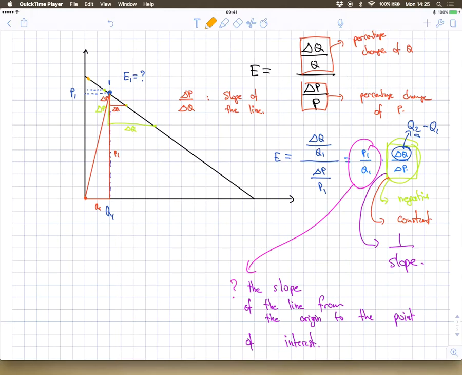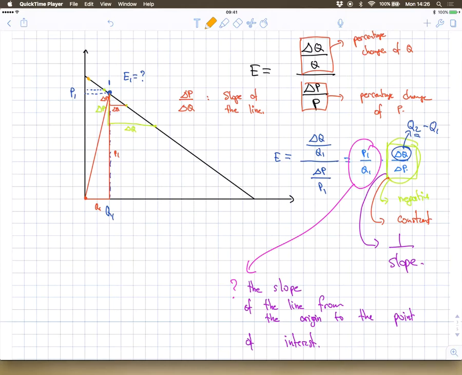Something less than infinity, because remember the slope is going to be price over quantity. The quantity over there is going to be something very small, close to 0. If you divide something by something very small, very close to 0, what do you get? Something really big. Divide something with something very small, you get something very big.